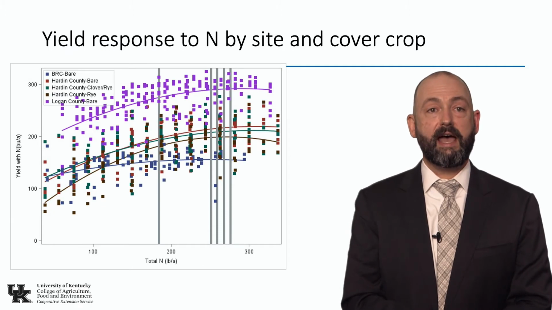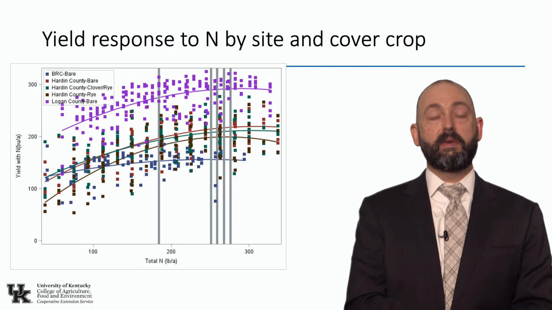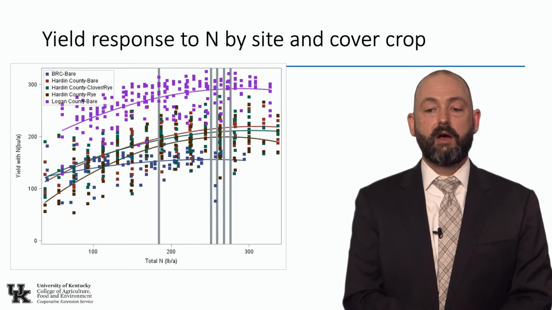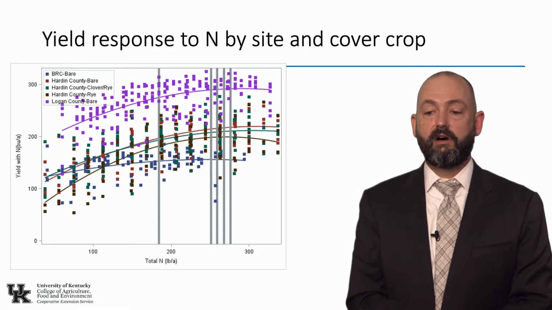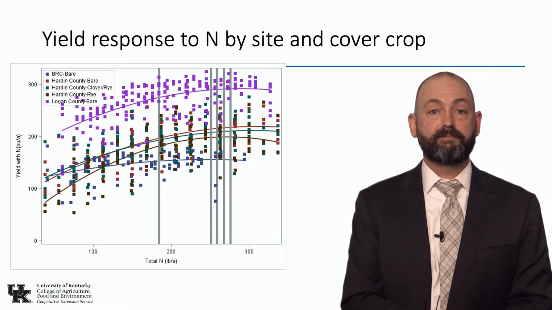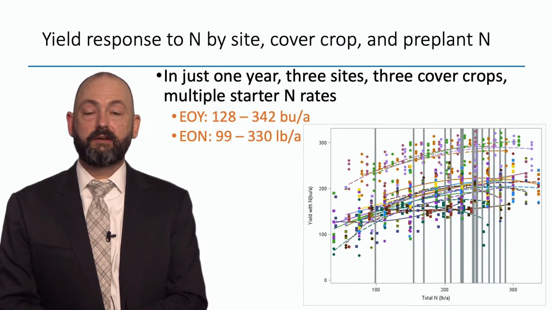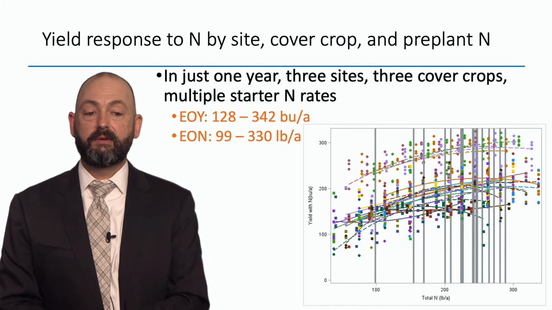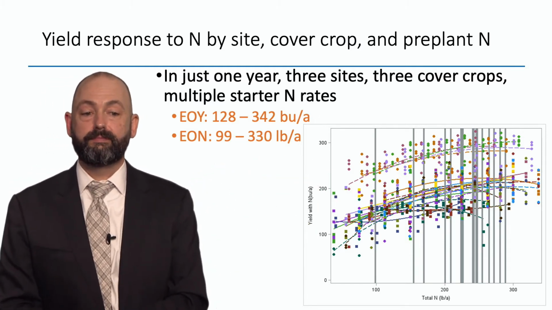But if I split out cover crop, if I split out sites, I'm not even changing the amount of starter, just looking at what was the optimum at each one of these sites and each one of these cover crops, all of a sudden I've got a big range of right nitrogen rates. And then if I split out site, cover crop, and pre-plant N, my economic optimum yield ranged from 128 to 342.